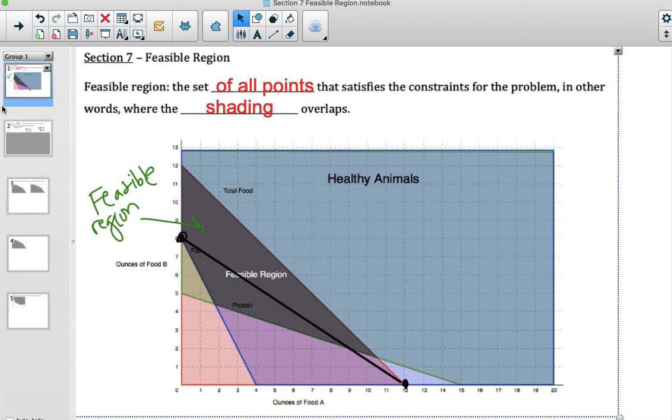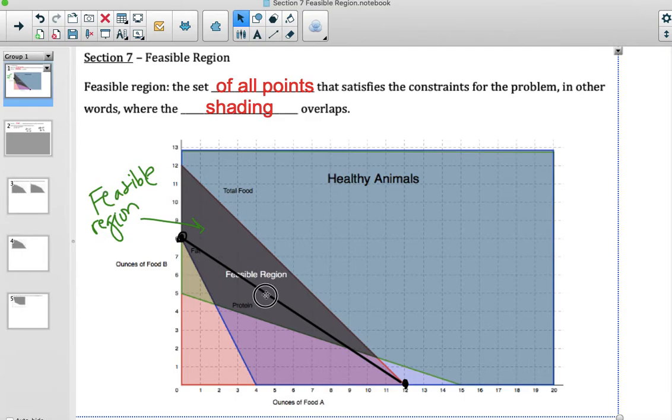The question is then, if I wanted to spend exactly $24 and meet the restrictions, I would have to have an ordered pair on this black line inside of the feasible region. So what if I wanted to spend the least amount of money possible?